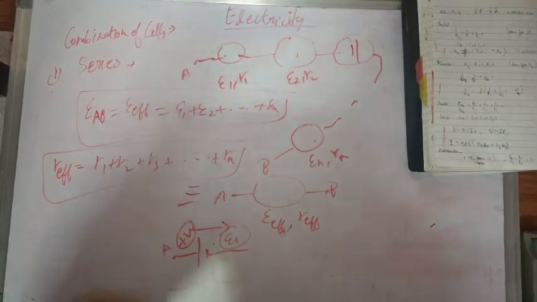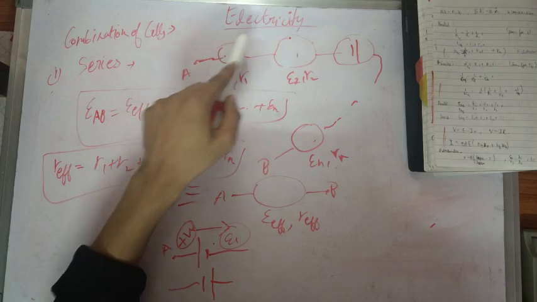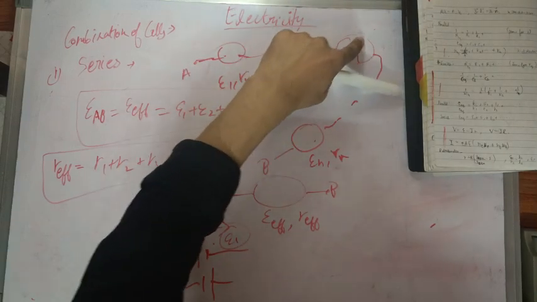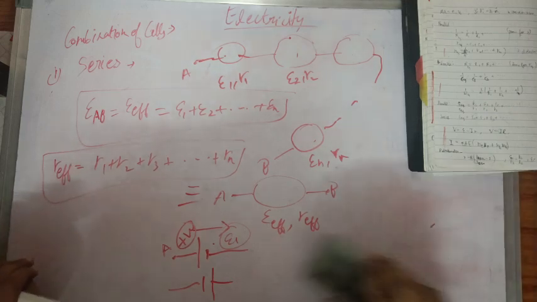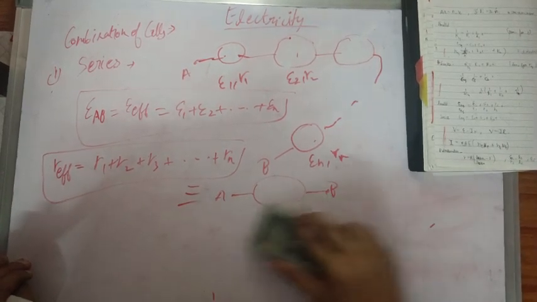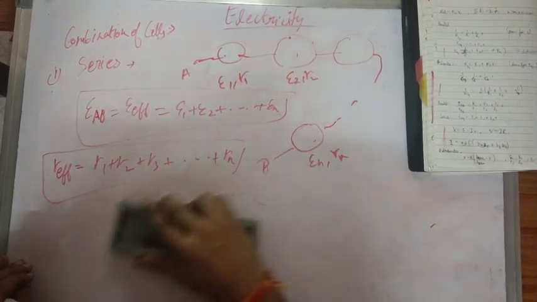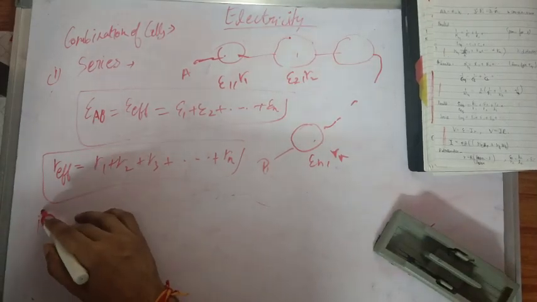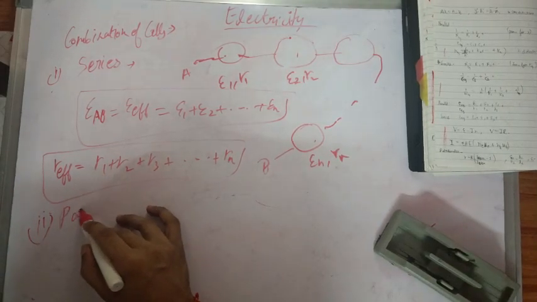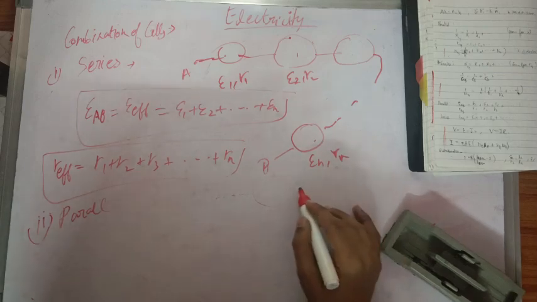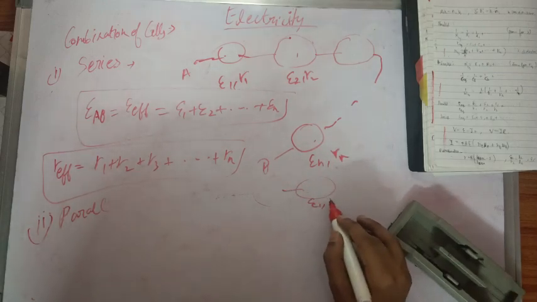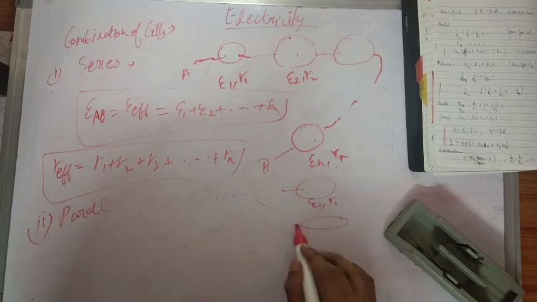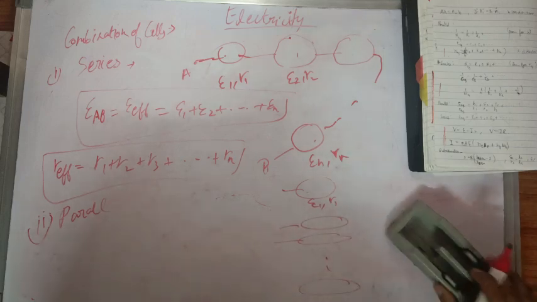In this case I haven't shown the cell because the arrangement can be any type. And in case of parallel connection, let's say there is a cell here of E1 EMF and R1 internal resistance, then another cell, and so on up to the final cell here.